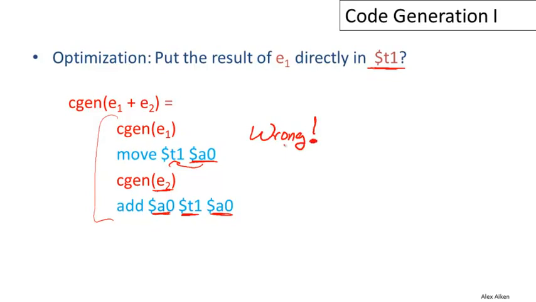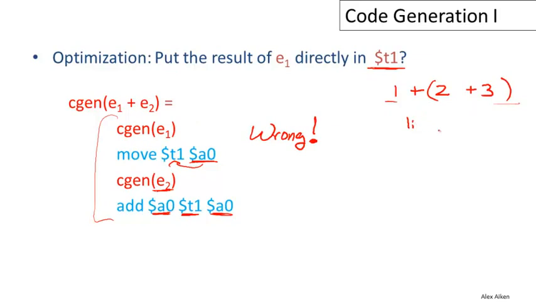And to see why, let's consider what would happen if E2 was itself a plus expression. Let's do it for a concrete example. Let's do the example 1 plus (2 plus 3), parenthesized like that, okay? So what's going to happen? So E1 here, so we're doing 1 plus 2 plus 3.